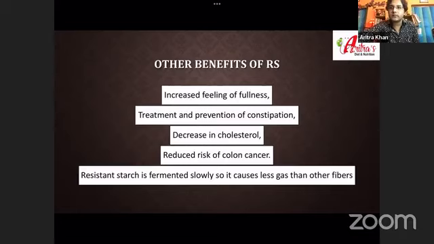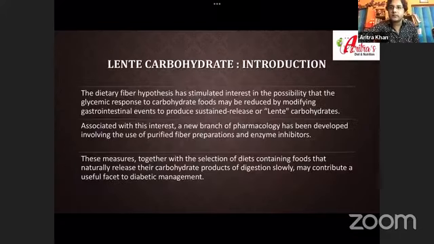It also reduces the risk of colon cancer, because we Indians are not so susceptible to diverticulosis and colon cancer like other countries, because we eat a lot of green leafy vegetables, fruits and vegetables. The outer parts of the vegetables, basically the cell wall, the cellulose, hemicellulose, are the insoluble dietary fiber, and the inner sides have the soluble dietary fiber. And resistant starch is fermented slowly, so it causes less gas than other dietary fibers.